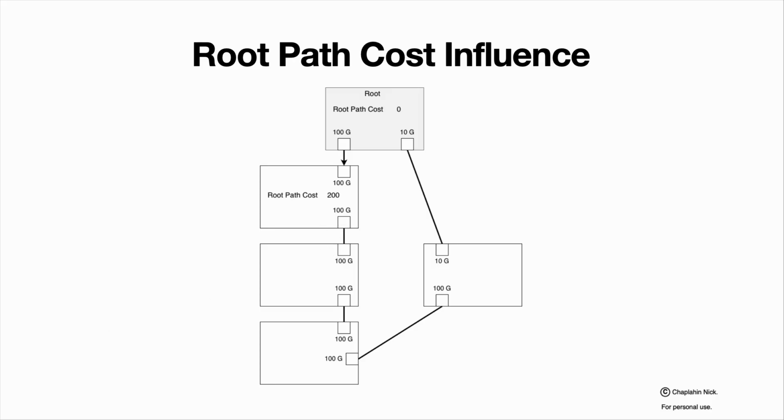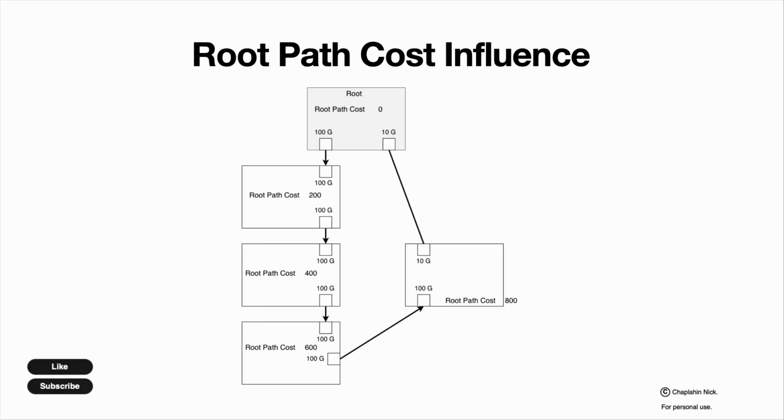Here additional 200, here is 400. On next 600, and from the bottom 100 gigabits, 800. So root path cost for traffic sent through the 100 gigabit port on the most right device is 800.